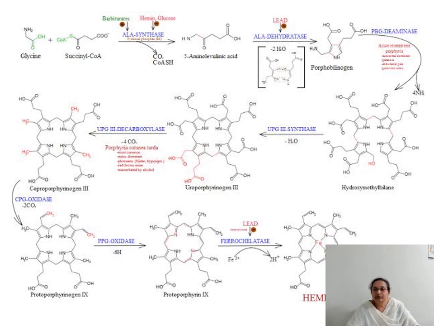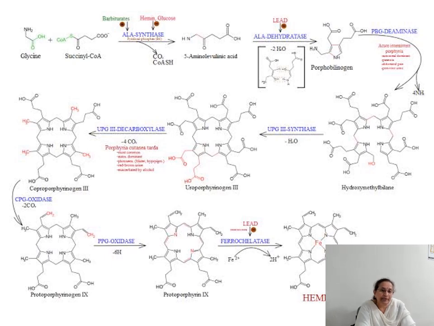4 units of porphobilinogen are acted upon by 2 different enzymes. The first one is UPG1 synthase, forming a linear structure which cyclizes to form the ring structure UPG1. UPG1 is acted upon by UPG3 co-synthase to form into UPG3. Now, UPG3 is acted upon by UPG decarboxylase to form into CPG3.